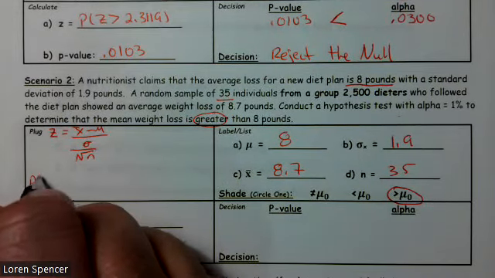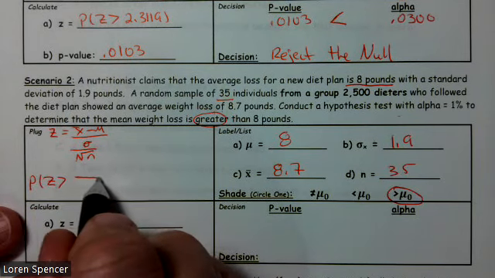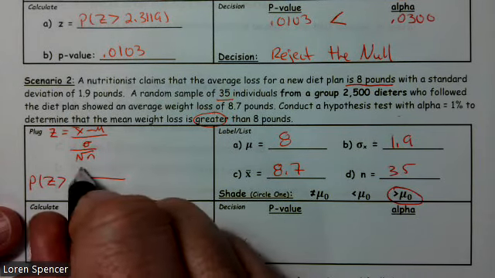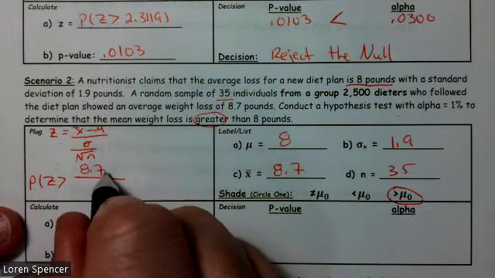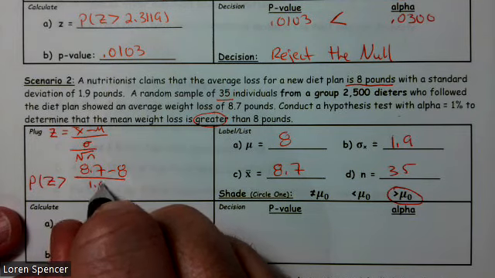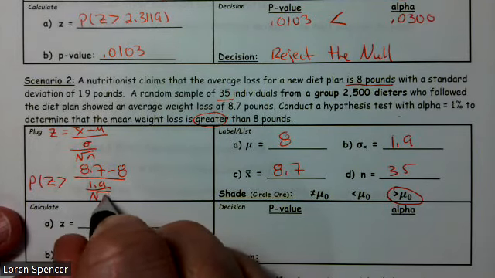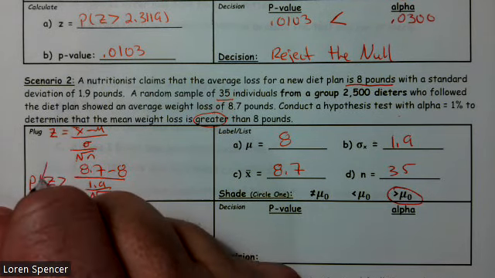So here we go. Probability that Z is greater than 8.7 minus 8 over 1.9 divided by the square root of 35.